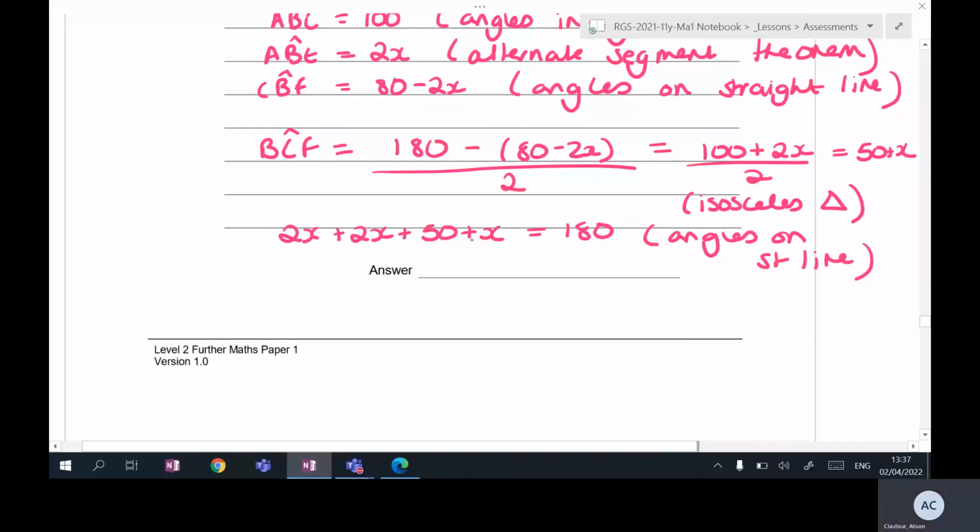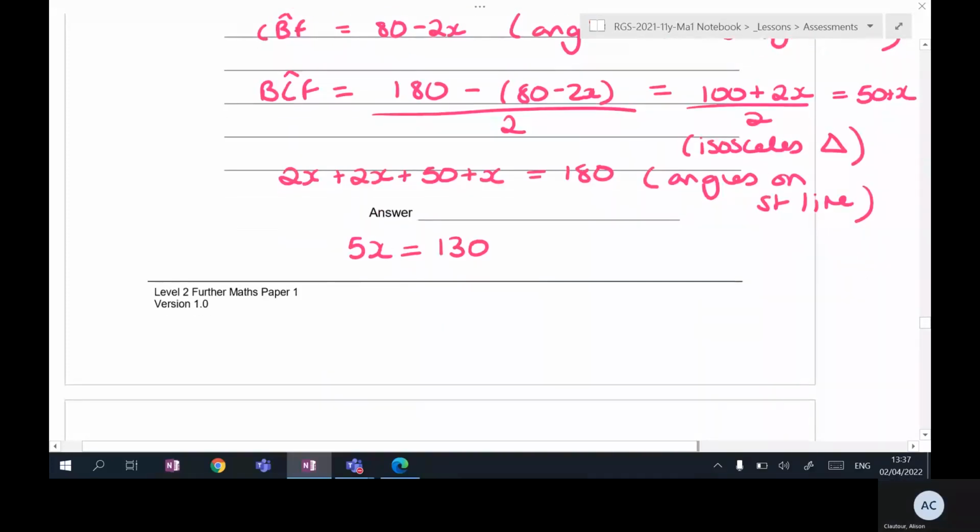So I've got 1, 2, 3, 4, 5x. I'm going to move the 50 over, is 130. So then if I divide that by 5, then I've got 26 degrees.